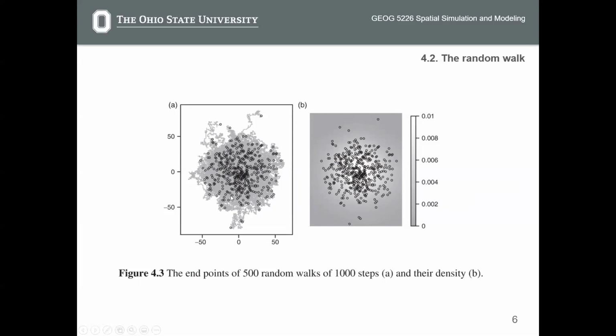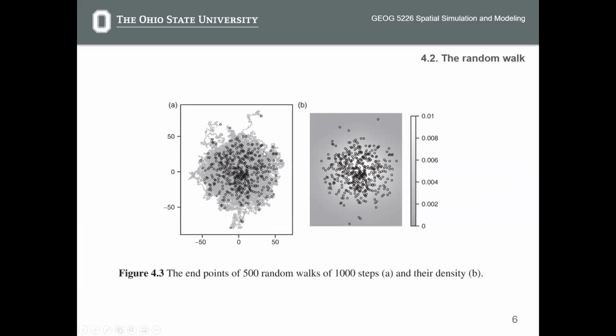And for each simulation, the walker started from the very center of the lattice, because this is 0 for the vertical axis, this is 0 for the horizontal axis. So the starting point is always in the center of the lattice. After 1,000 steps, there is a circle, because each circle is an endpoint, right? And we repeat this 500 times.